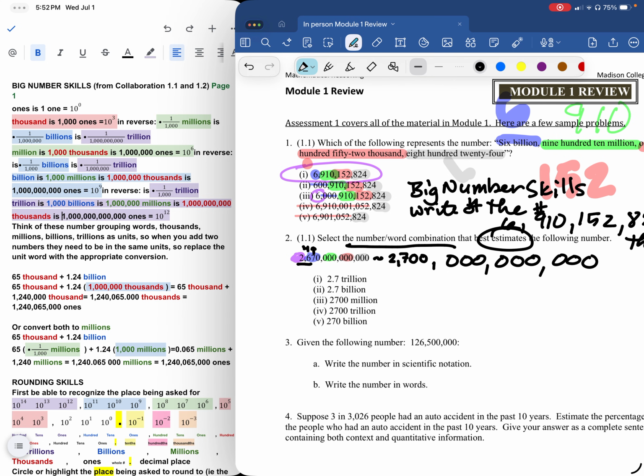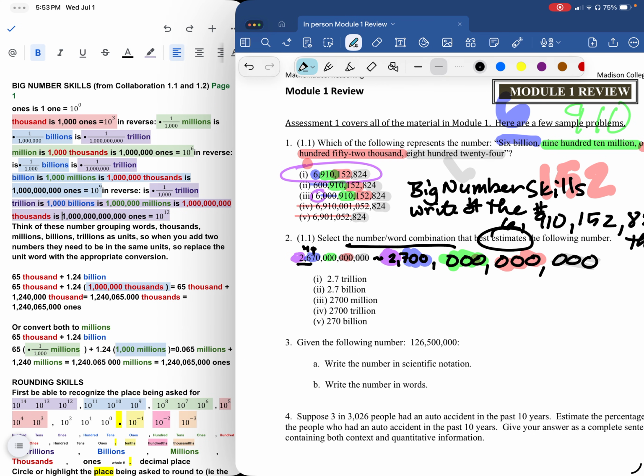And I can just make sure using my big number skills, there's the ones, thousands, millions, billions, and trillions. So how do I interpret this number? I have a couple different ways of doing it.